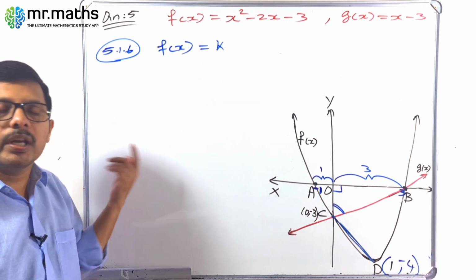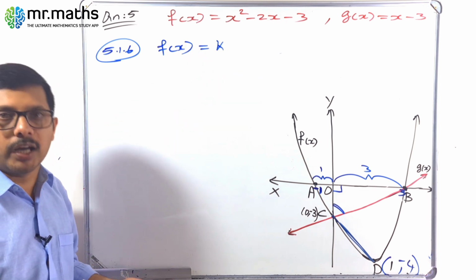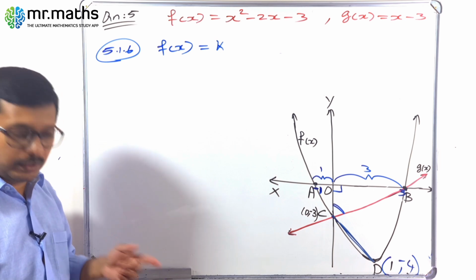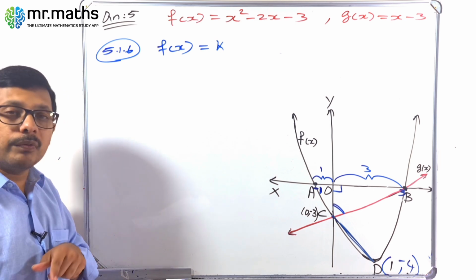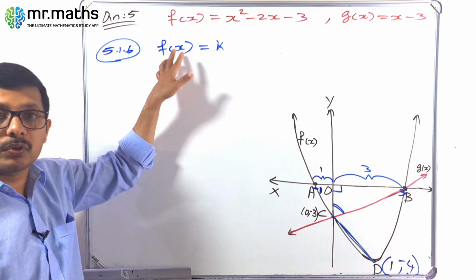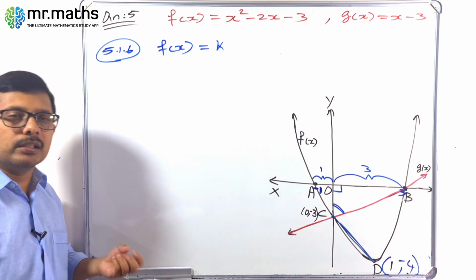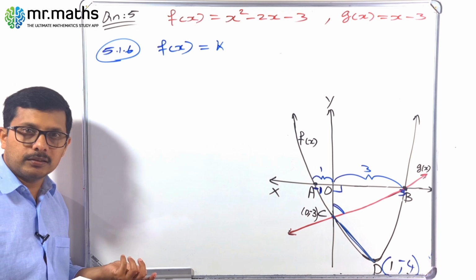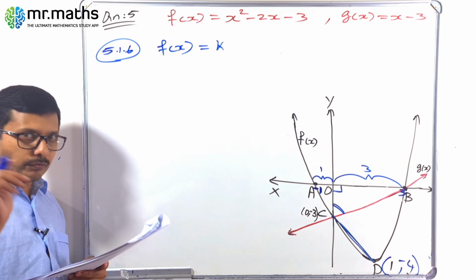So in effect, determine the values of y. Am I right? What is written here? Determine the values of k. From here we know that k stands for y. So you can read it like this: determine the values of y. Listen once more.